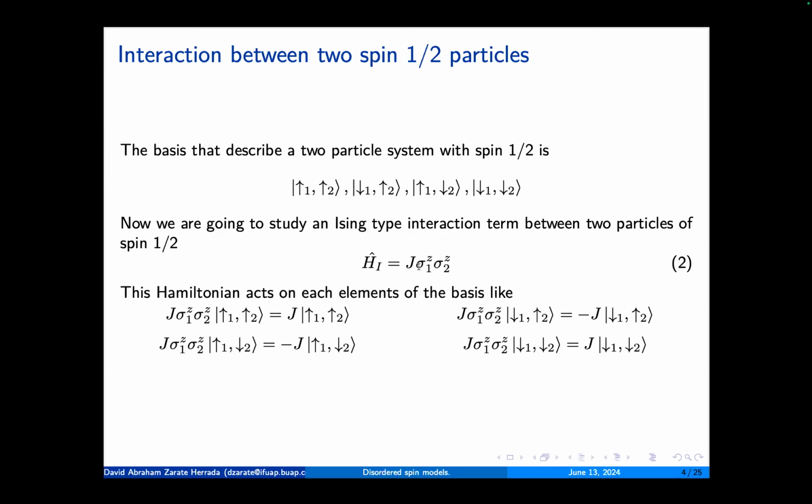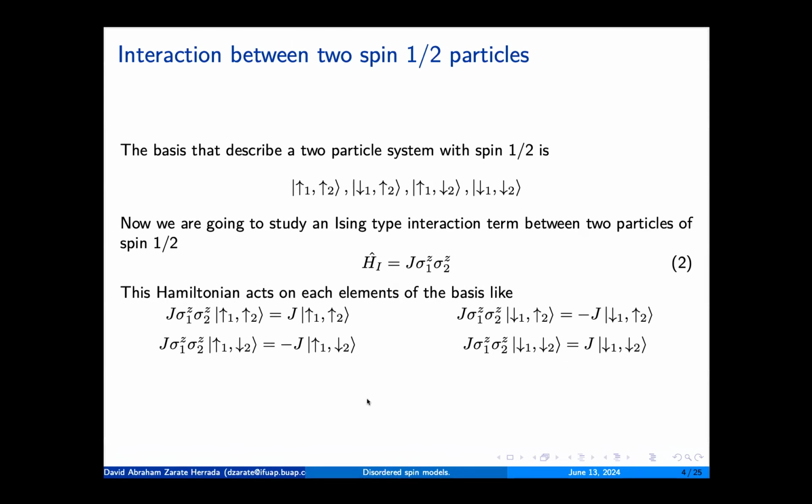In this term, we can see that we have the Pauli matrix that acts only on the state of the first particle, and another Pauli matrix in the zeta direction that only acts on the state of the second particle.